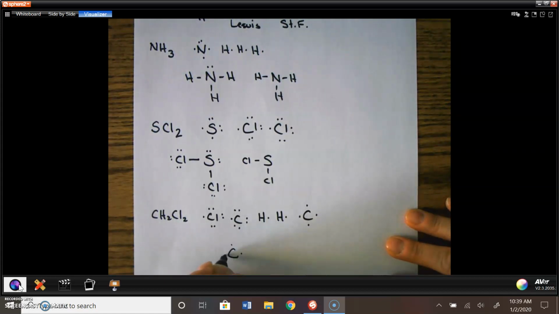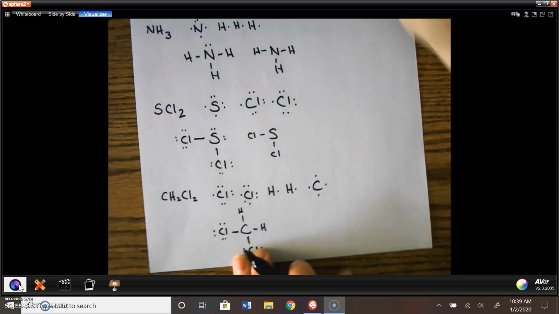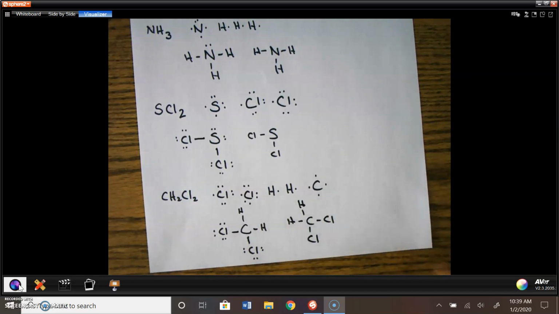Carbon needs 4 bonds, whereas chlorine and hydrogen only need 1. So I can have 1 hydrogen here, 1 hydrogen there. I can have 1 chlorine here, and 1 chlorine there. Oops, running out of space. There we go. And then my structural formula. Oops, I rotated a little bit, but same thing. If I rotate this 90 degrees, it's going to be the same structure.